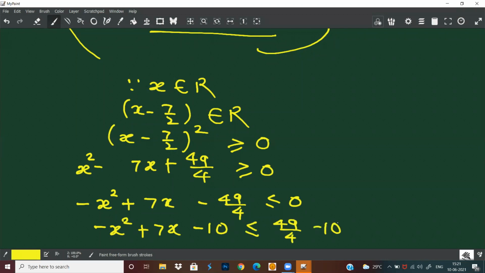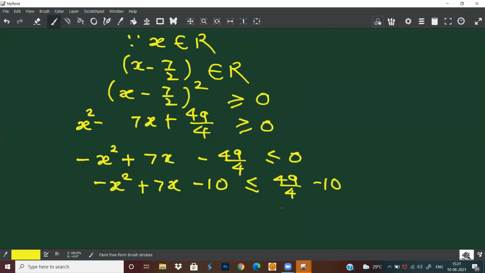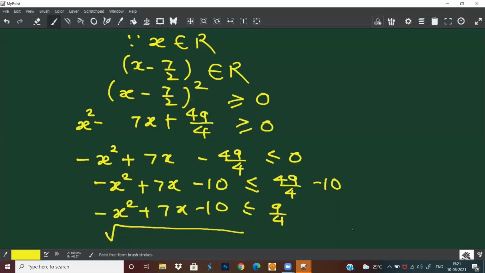I subtracted. So this is my minus x square plus 7x minus 10. Now take the square root, positive square roots. Square root of 9/4 is only 3/2.